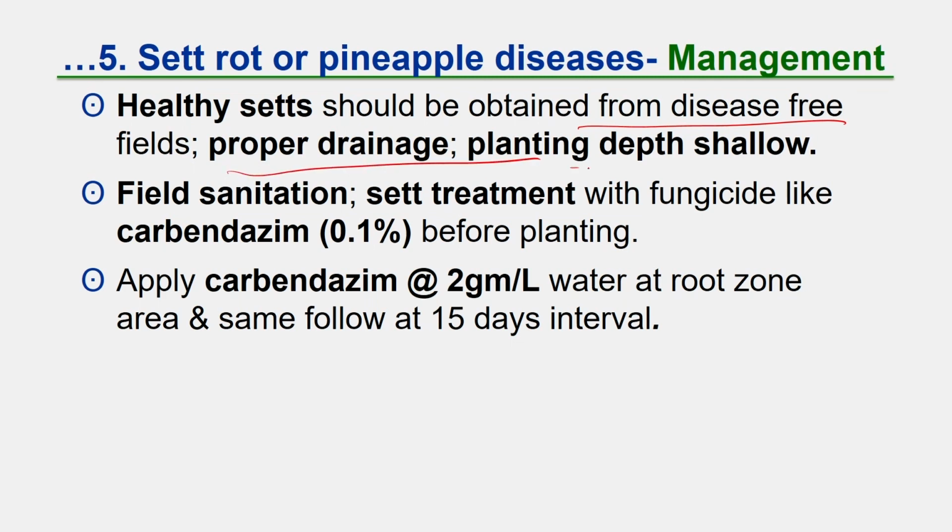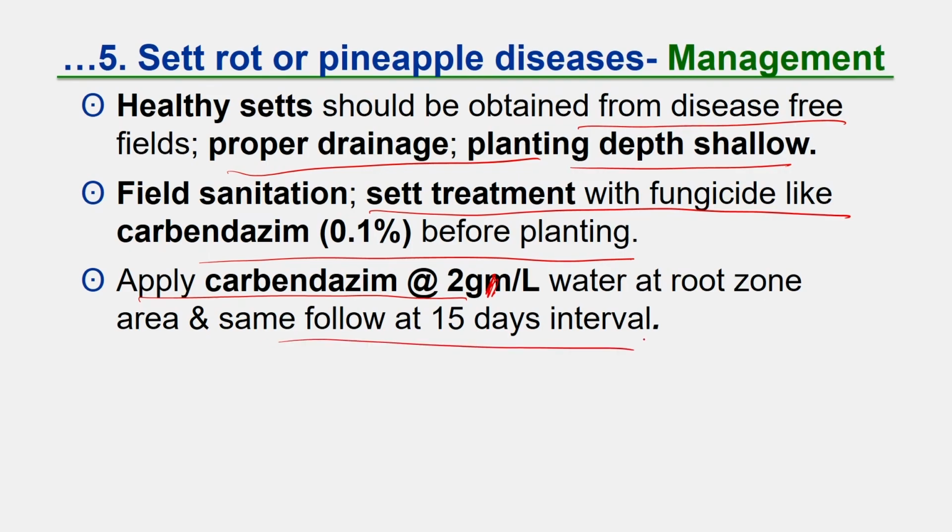Proper drainage, and planting depth should be shallow. So these are the measures to manage this disease. Other measures are field sanitation, sett treatment with fungicide like carbendazim 0.1% solution. Apply carbendazim 2 gram per liter at the root zone area, and follow the same at 15 days interval.